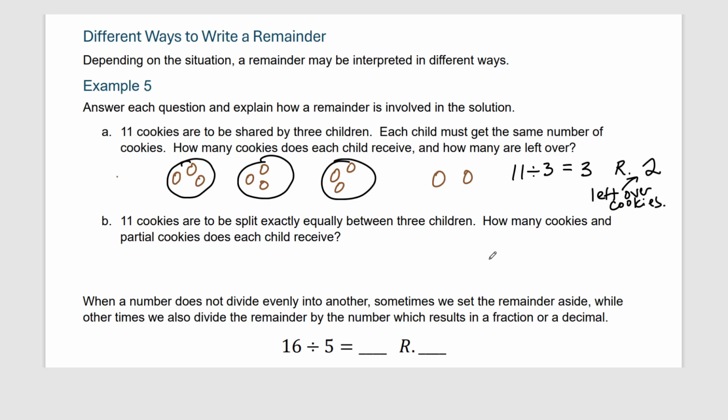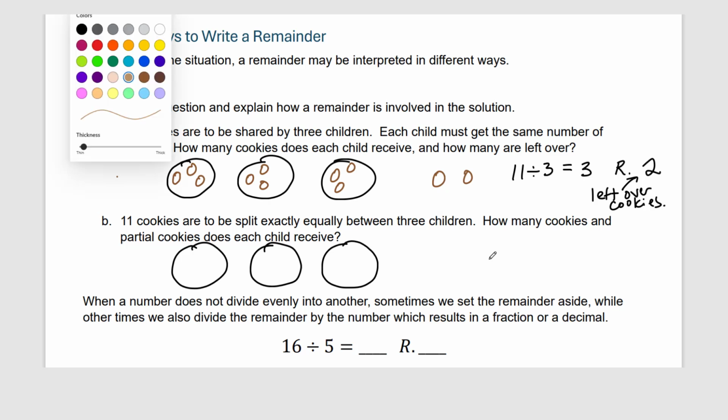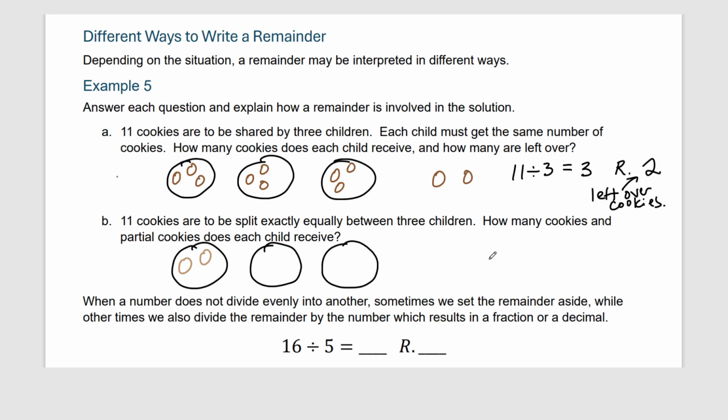Okay, now it says 11 cookies are to be split exactly equally between the 3 children. How many cookies and partial cookies does each child receive? Okay, so we're going to take a similar approach at first. I already know that I'm going to distribute 3 whole cookies to each of the kids.